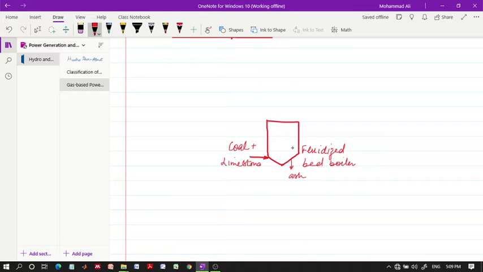The hot gases that are produced, the flue gases in the case of the steam turbine, along with the dust and fly ash, will come out. They are taken out from this chamber and are first cleaned up.